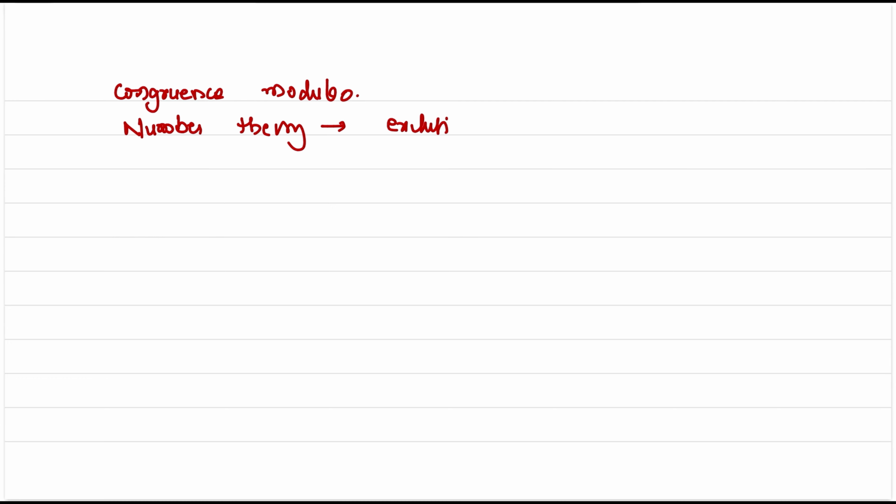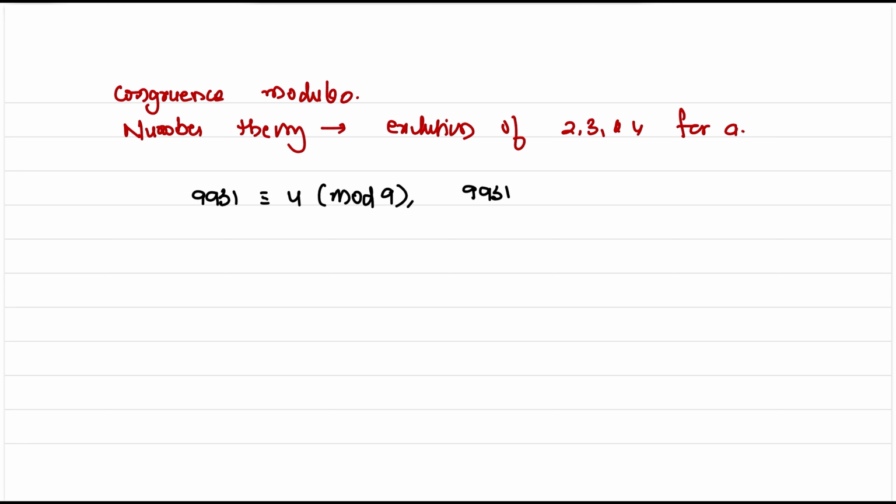Exclusion of 2, 3 and 4 for a. We have done it with algebra. You try to do it with, for example, I will give some hint. 9931 is equivalent to 4 mod 9. 9931 is equivalent to 5 mod 7.